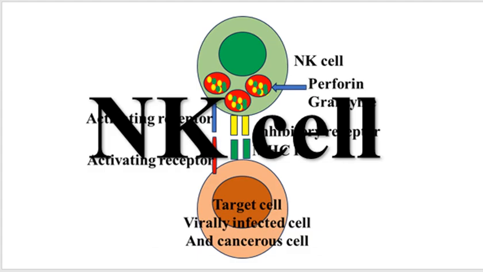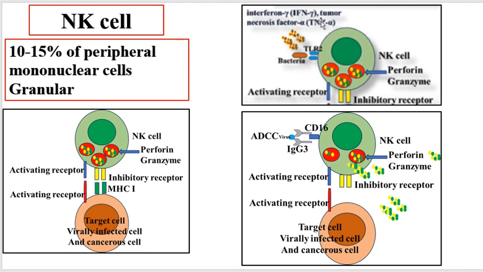Natural killer cells. Natural killer cells are actually granular lymphocytes. They are around 10 to 15% of peripheral mononuclear cells.